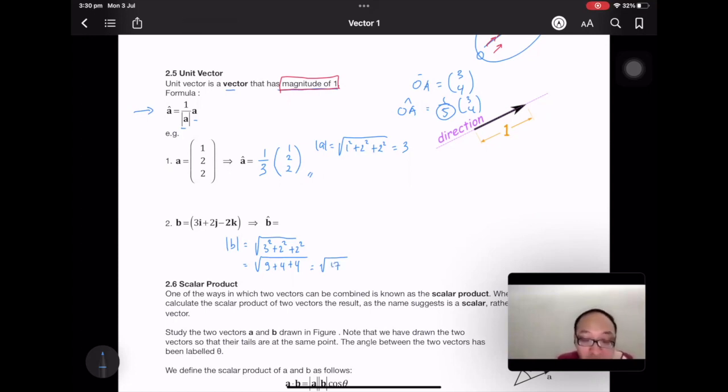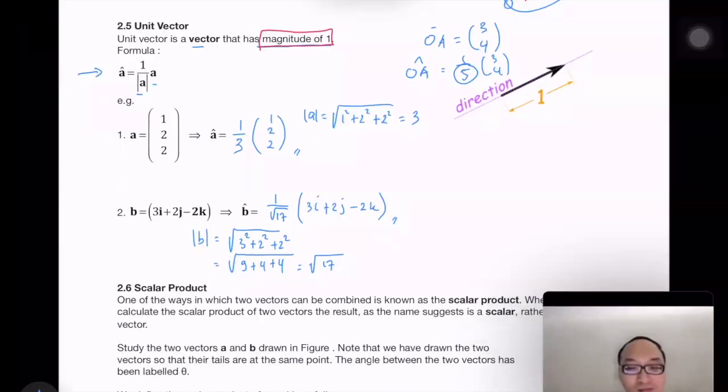So the unit vector is 1 over the square root of 17 times the vector 3i plus 2j minus 2k. Yeah, this is the unit vector.